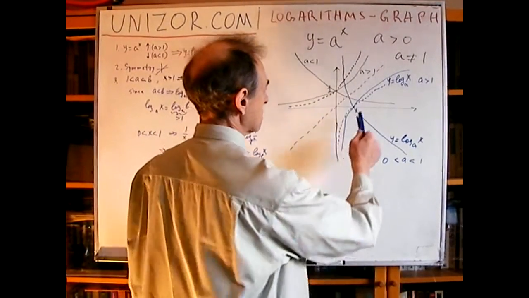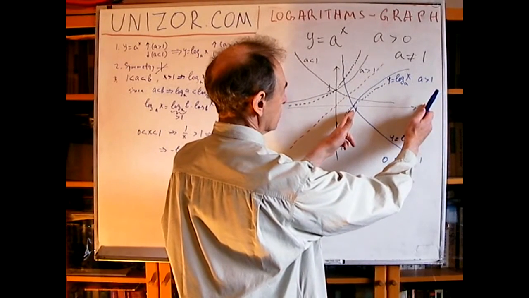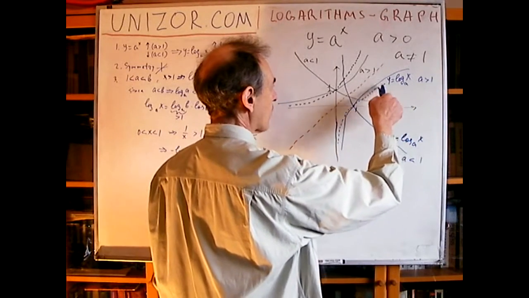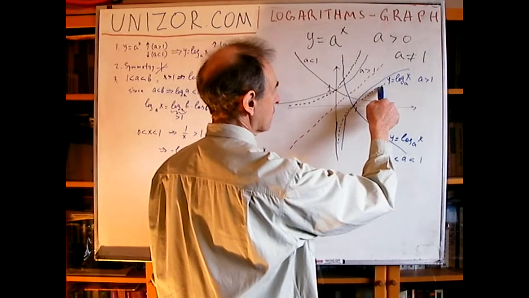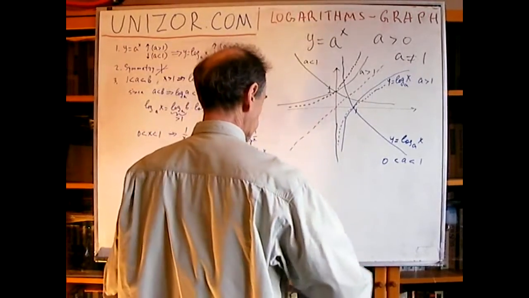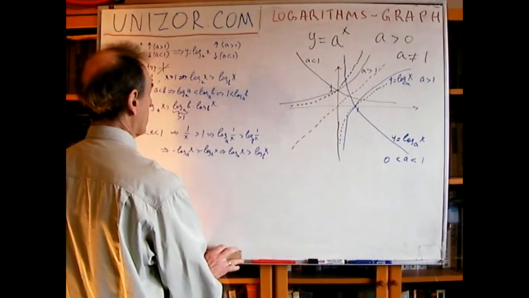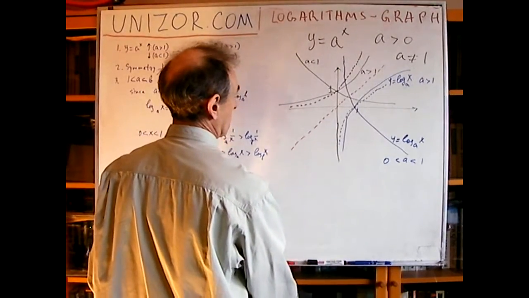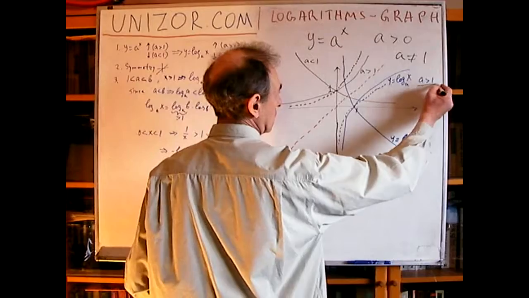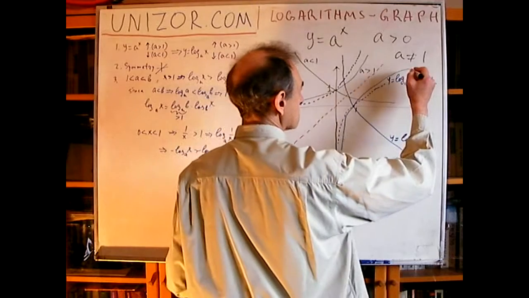What I mean is, if I am in this area of the argument, x greater than 1, then the greater base will correspond to a smaller logarithm. That's what I would like to prove, purely algebraically. And here's how we do it. Let's consider, first of all, that the base is greater than 1, and I have two bases.